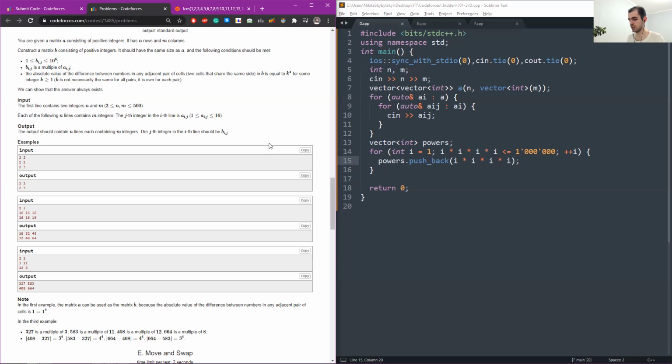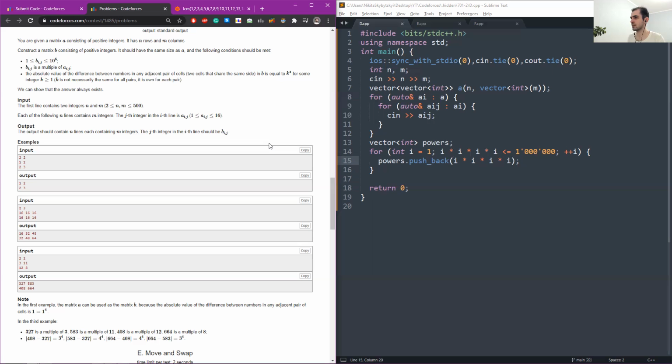Let's say that Bij are actual like multipliers. So we have something like that. As we all know, if they are multipliers, then we have k divisible by at least GCD.